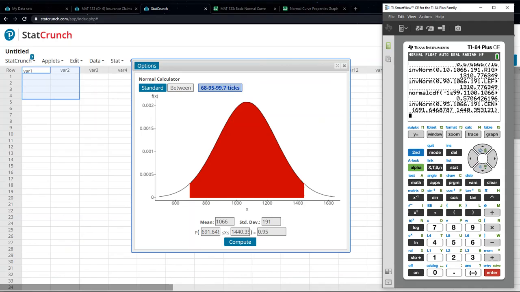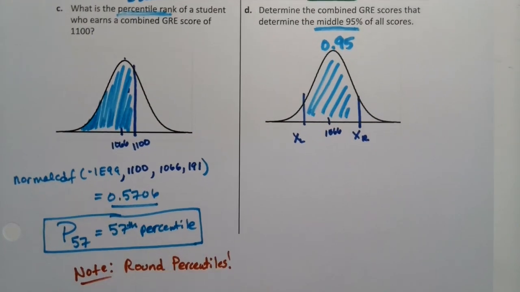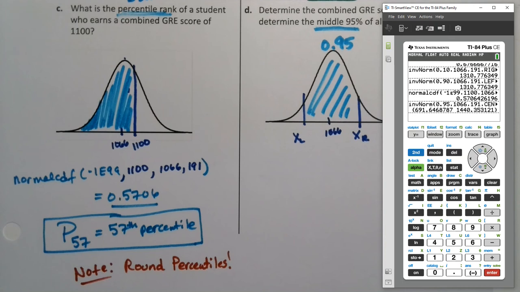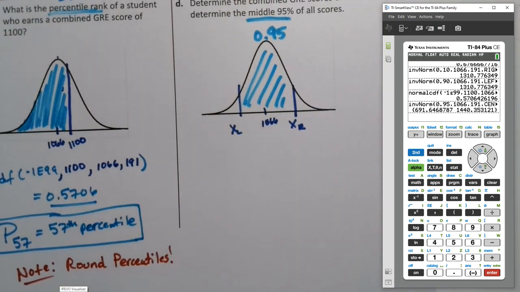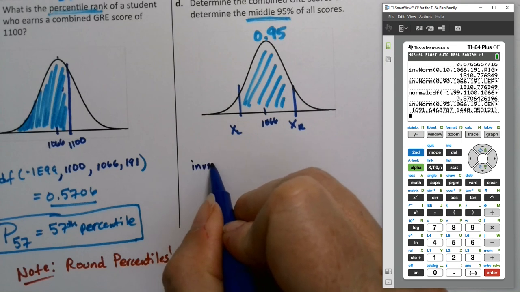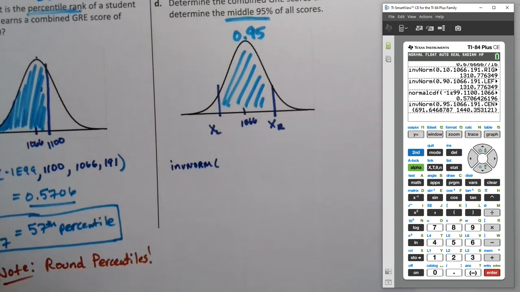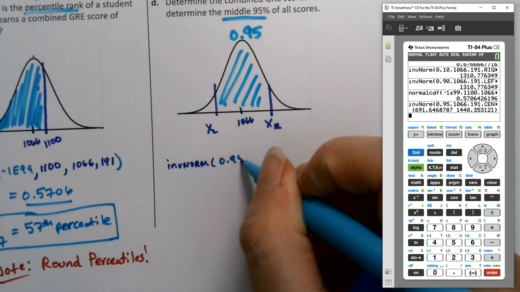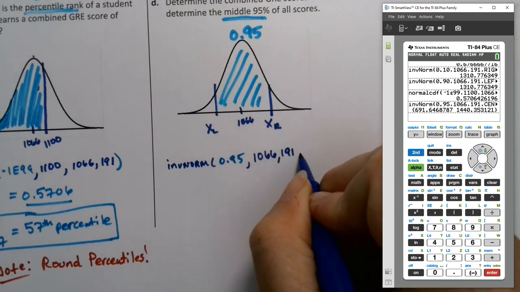Okay, so let me type or write those answers in. And then if you're not in an old calculator, you don't have to follow along. All right, so we're doing inverse norm. And we're saying the middle area is 0.95. It's the center area. So 0.95, 1066, 191, center.